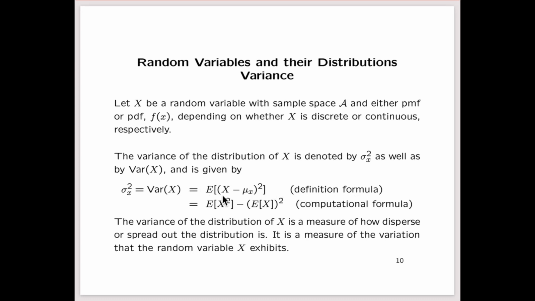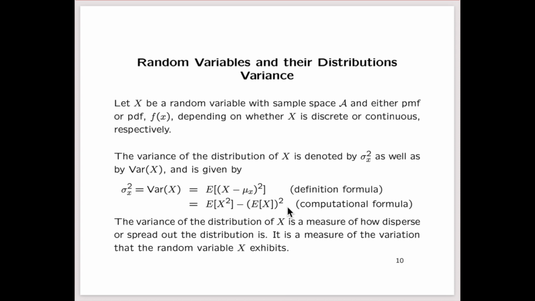All right, so that's the definition formula. It's defined in such a way that it matches our verbal description. But then we can also come up with a computational formula, and this computational formula is equivalent to the definition formula in the sense that you'll get the same answer regardless of which one of these two formulas you use. Now, to get from the definition formula to the computational formula, we would have to use some properties of expectation, but it's a very, very simple derivation.